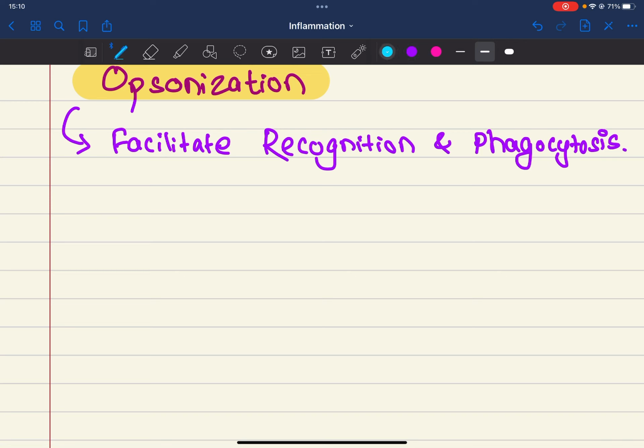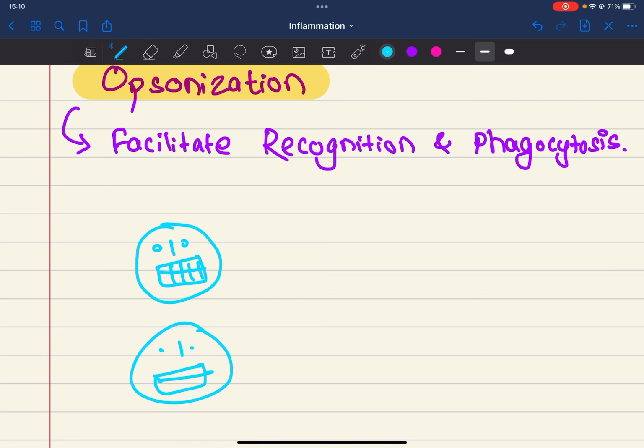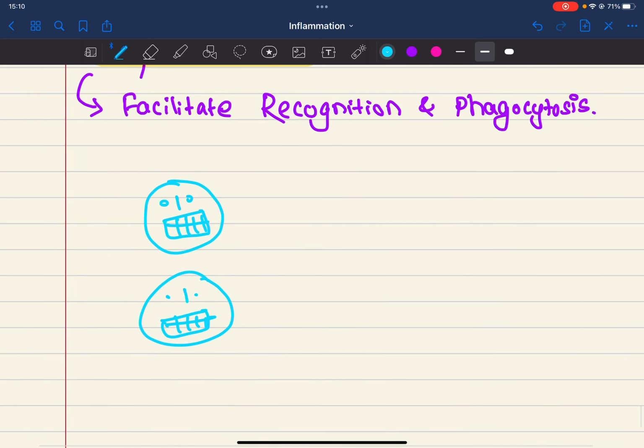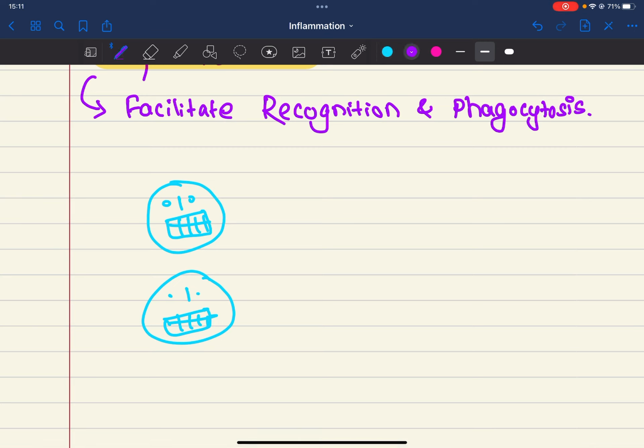That means these are our very dangerous, very bad looking bacteria. Now there are opsonins, and they coat these bacteria. I'll give some examples of opsonins too. They are also important in Viva and MCQs.